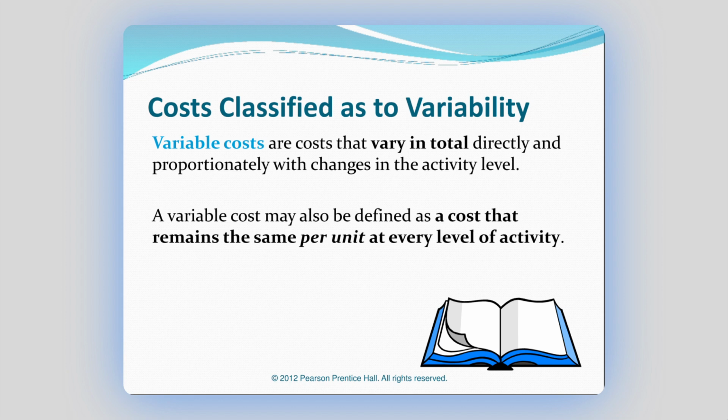Pag sinasabi class variable cost in total, it will vary proportionately and directly with the changes in the activity level. Okay, again, pag sinasabi natin variable cost, it will vary directly and proportionately with the changes in the activity level. While the variable cost per unit naman, it will remain the same regardless of the activity level.